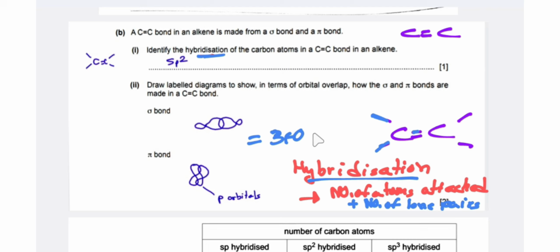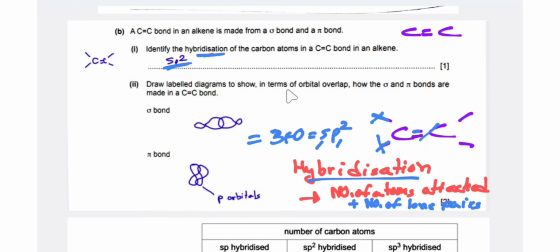Since the number is 3, it is sp2 hybridized, that is, one s and two p, so in total 3. If we get 4, then it is sp3 hybridized; if we get 3, then sp2 hybridized; if we get 2, then sp hybridized. Since the number of atoms attached is 3, it is sp2 hybridized.